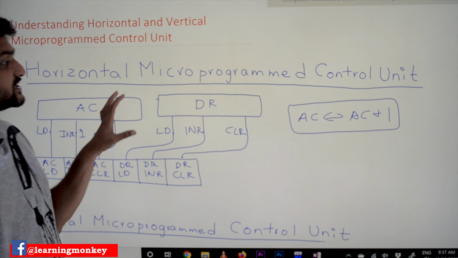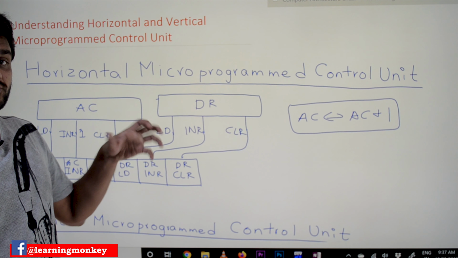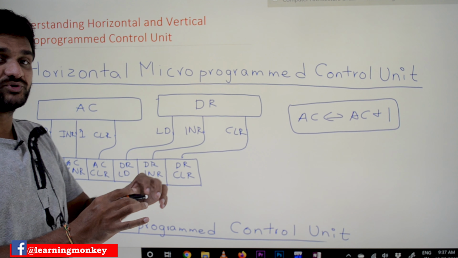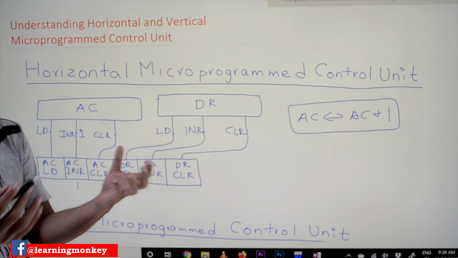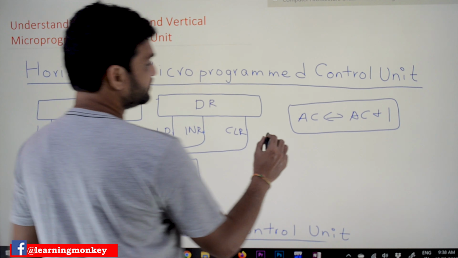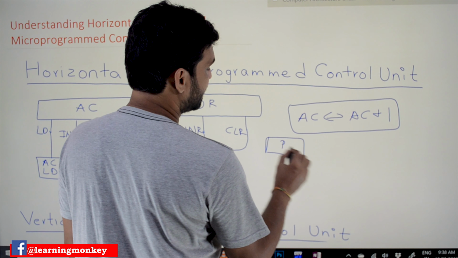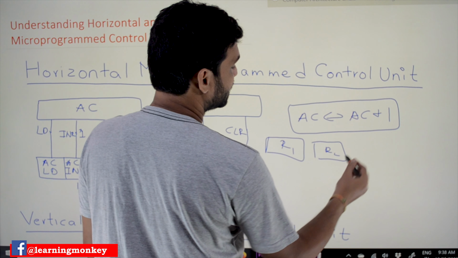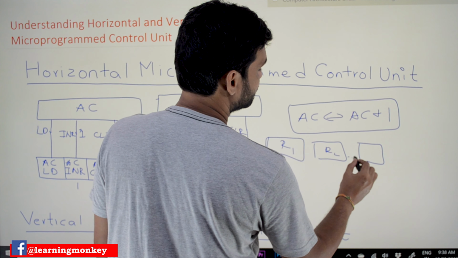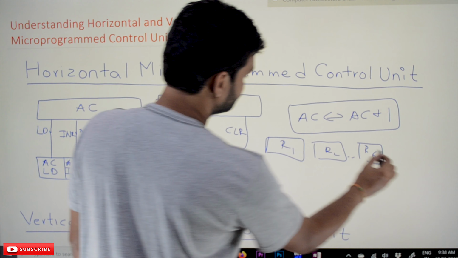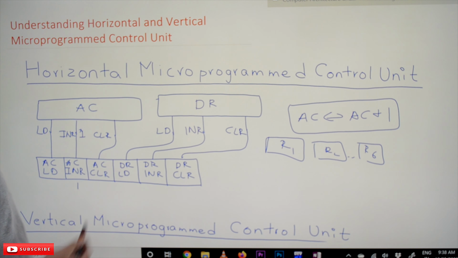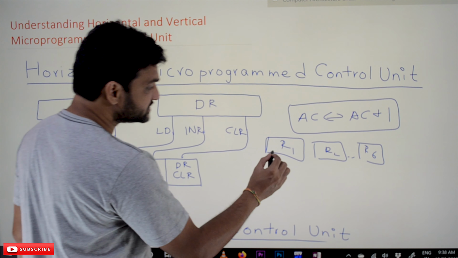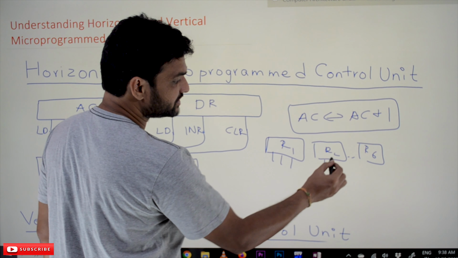Now consider that instead of these two, the total number of registers in our computer is 8. Assume that we have registers R1, R2, similarly up to R6, and the 7th and 8th registers are there, and every register has 3 control inputs.